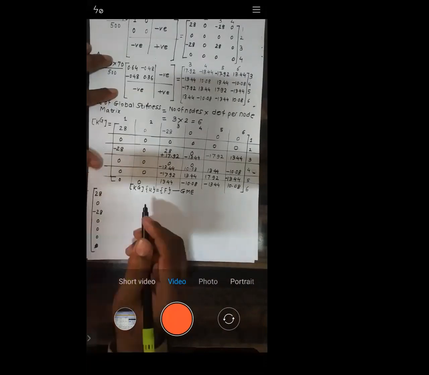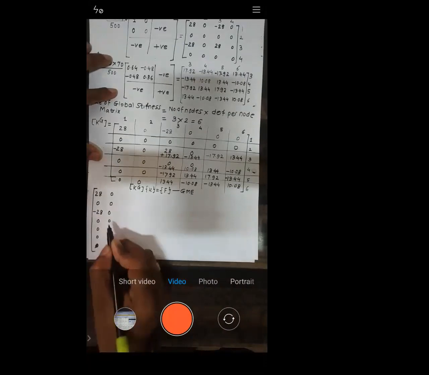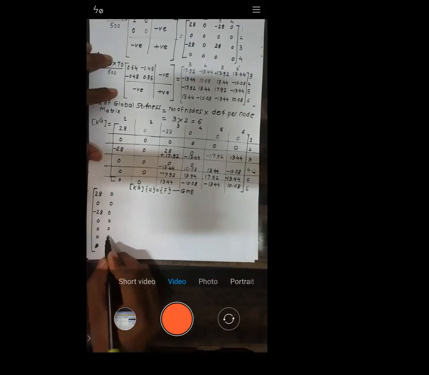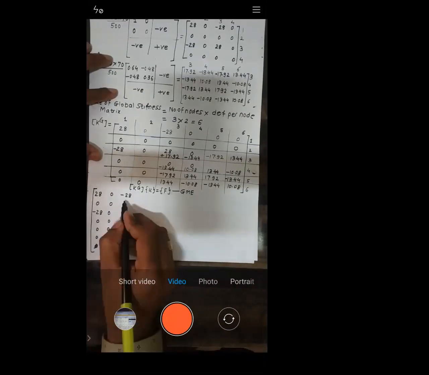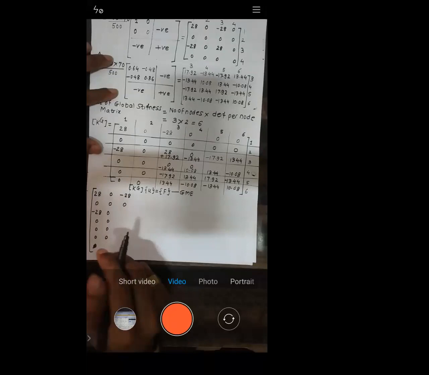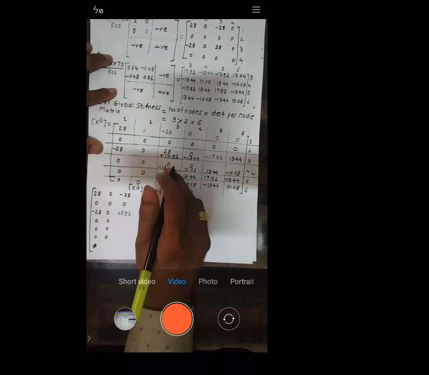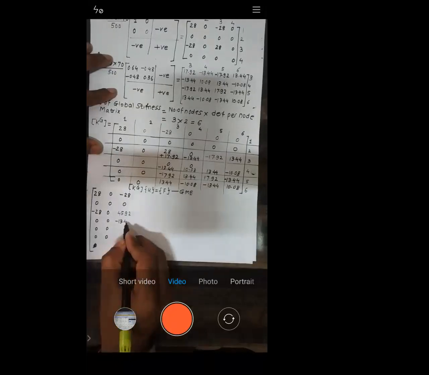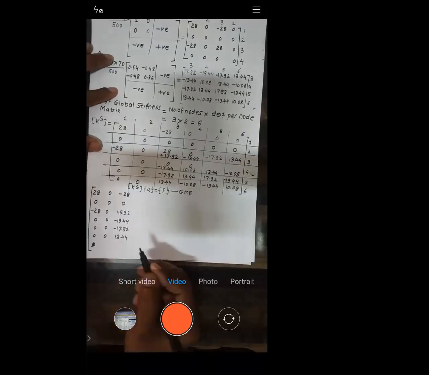Next, every element is 0. Now write this one: minus 28, 0, then 28 plus 17.92, which is 45.92. Next, 0 minus 13.44. This is minus 13.44. Next, this is minus 17.92, then 13.44. Is it okay?